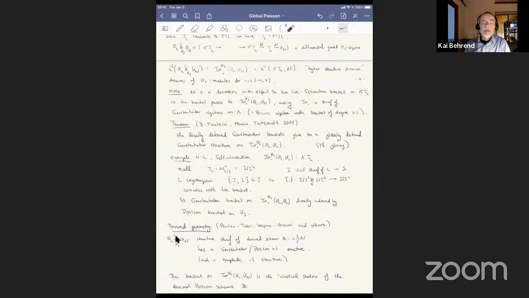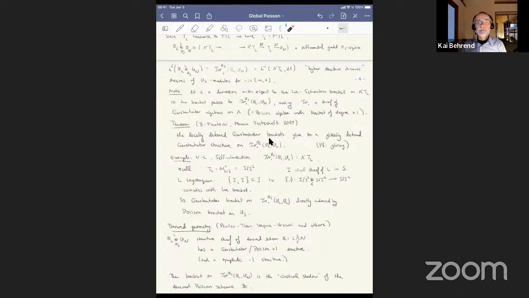So that's its derived structure sheaf. First of all, this Lagrangian intersection has a -1 shifted symplectic structure, so it is non-degenerate in the derived sense. And if you invert the symplectic structure, you get the Poisson structure, which is then of degree +1.